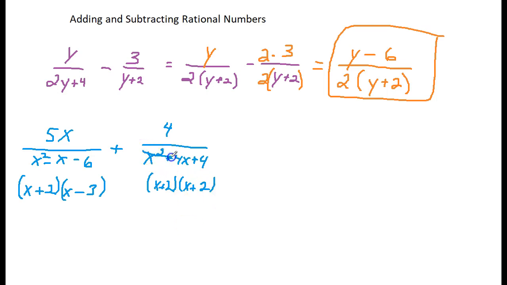Okay, now I've replaced these with their factors. Do you notice what I have in common from both fractions? I have an x plus 2. So that's going to be part of my common denominator.